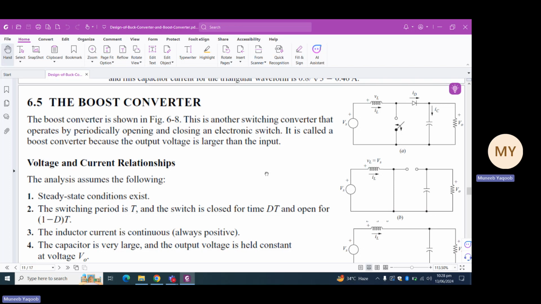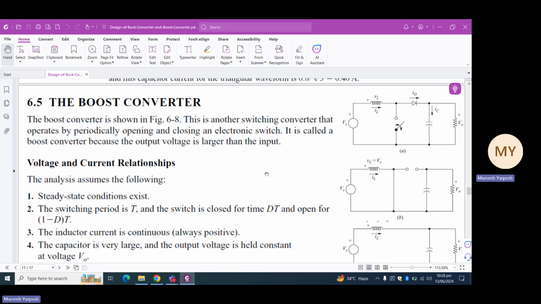Similarly, average current through a capacitor is zero, and the output voltage is constant since the capacitor is large enough to maintain a constant voltage, or we can say considerably small ripples are there, so we can ignore them. So these were the assumptions that we made while performing the derivations of the buck converter. So they are also true for the boost converter as well.